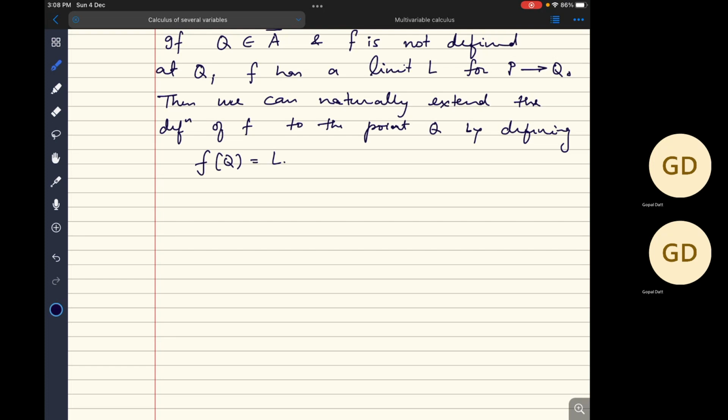The resulting extended function is then again continuous.